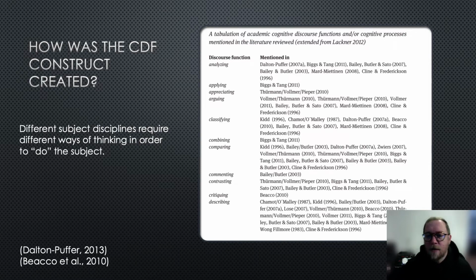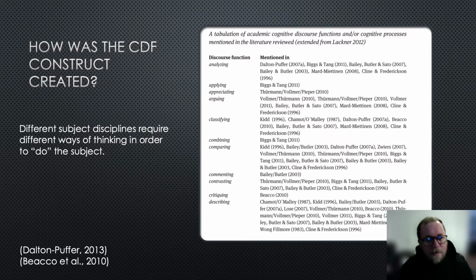And most of these authors have written at length about certain functions related to their subject discipline. And from this, the author of the discourse function construct created a list of verb descriptors that characterize the functions. Following this, they were generalized into the 7 basal functions that we saw on the previous slide.